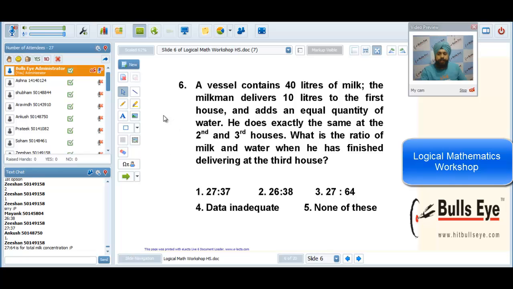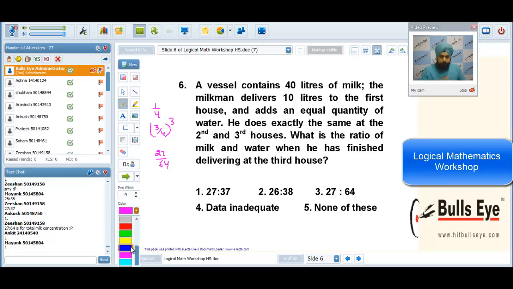You are withdrawing 10 out of 40. Yes. So you are withdrawing 1/4 every time. So that means you are leaving behind 3/4. Because the process is done thrice, so you have left behind 27 by 64. But the question is not asking about left behind.